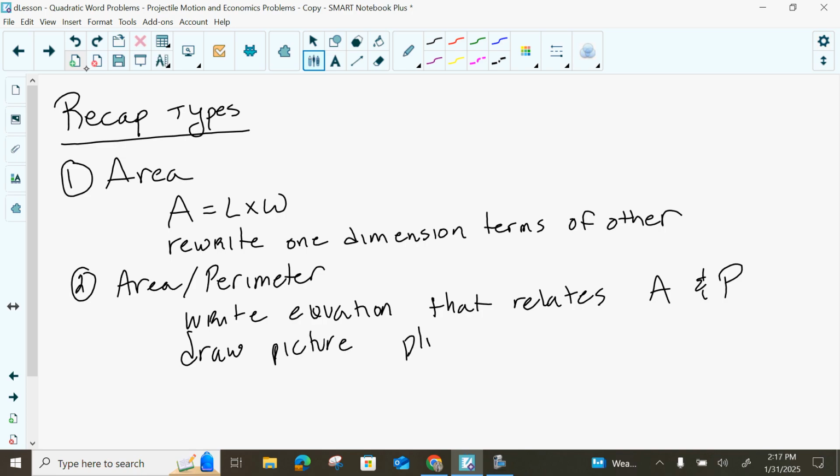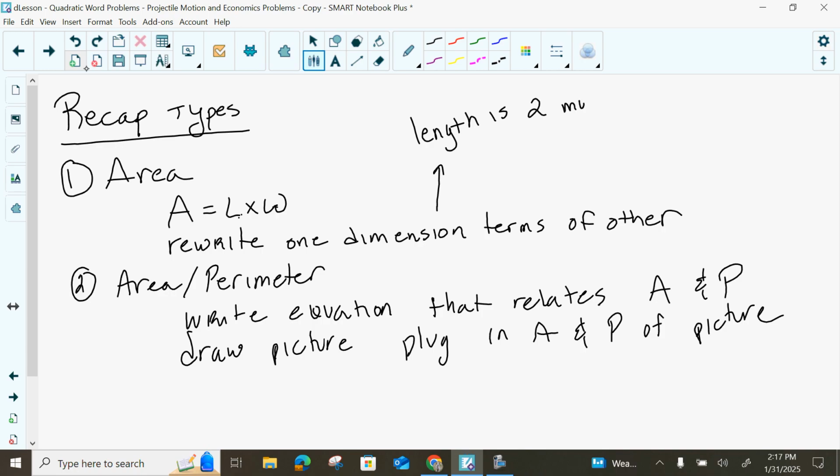And plug in area and perimeter of the picture. When you have a formula, you don't want two variables. So it usually says something like the length is 2 more than the width.